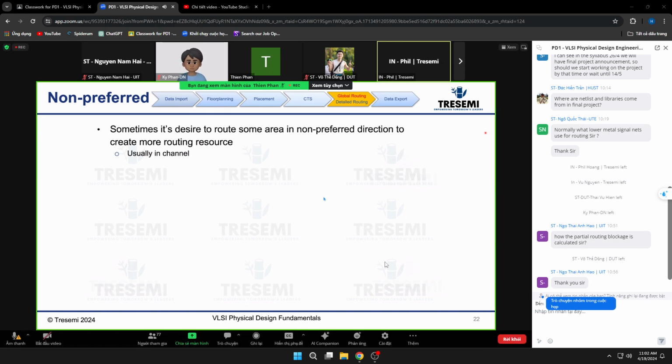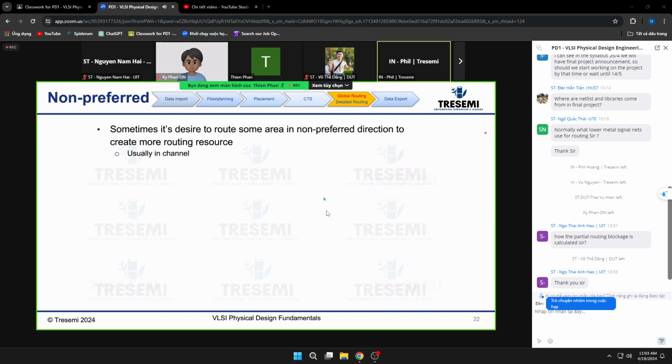I would recommend, because you do have labs, if you want to run something, just bring up the CTS and run two commands. Type route_design and then opt_design. Just try it out.